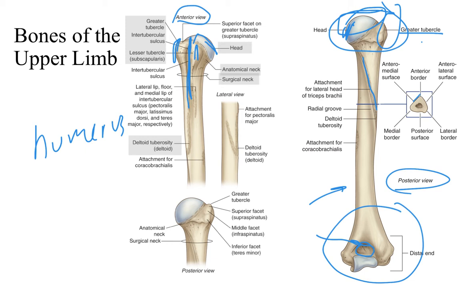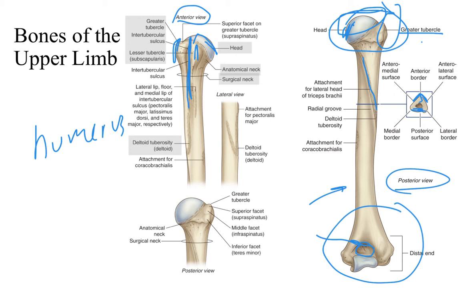Anterior border is always more pointed than the posterior border. We've seen this a lot with the lower limb bones, where one side was pointed and the other side was flat, and that's going to be similar for the upper limb bones, where the anterior border is more pointed and the posterior border, or posterior surface, is more flat.